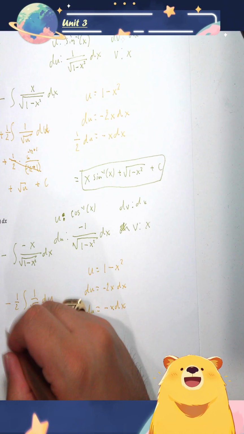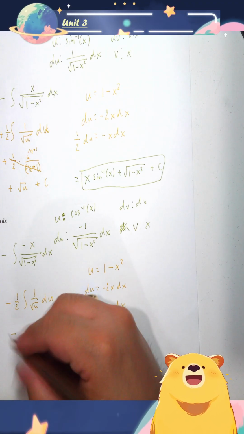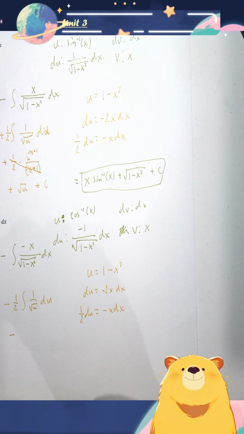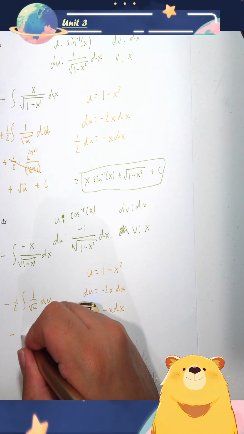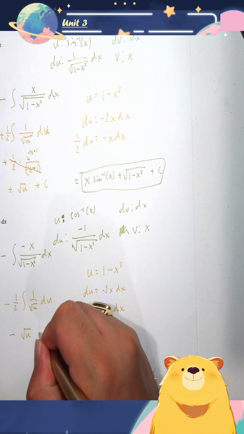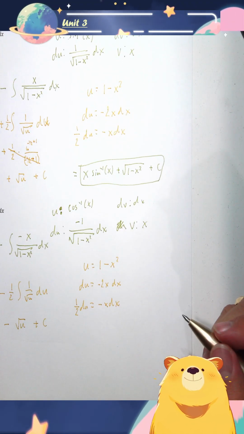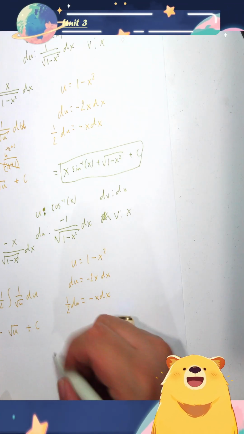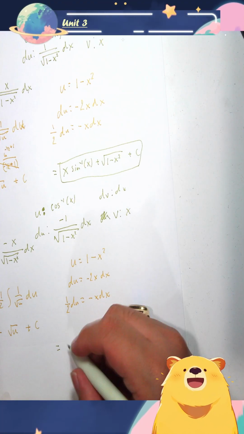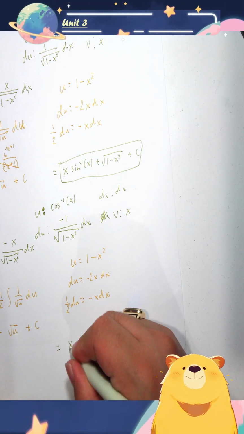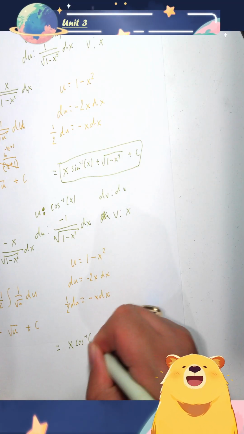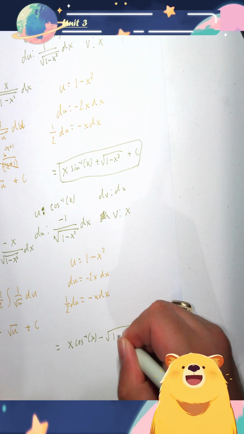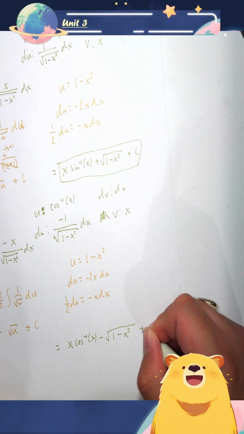And we know that this is just negative square root of u plus c. And then I'm going to write the final answer when plugging back in u to be in terms of x. x cosine inverse of x minus the square root of 1 minus x squared plus c.